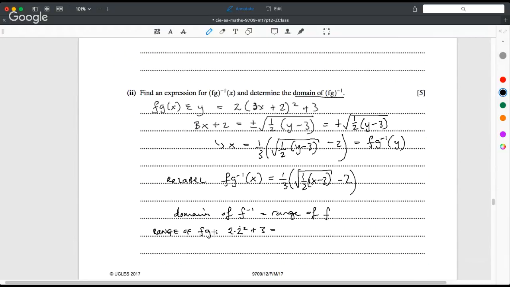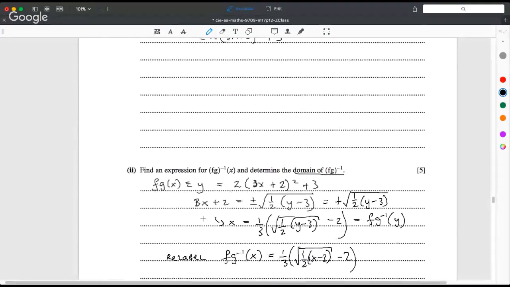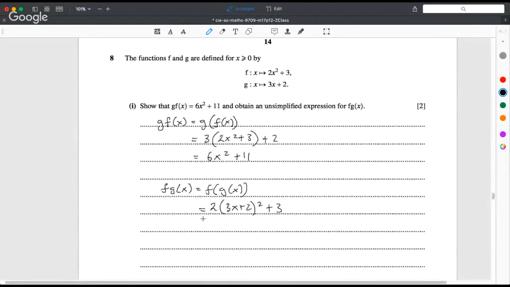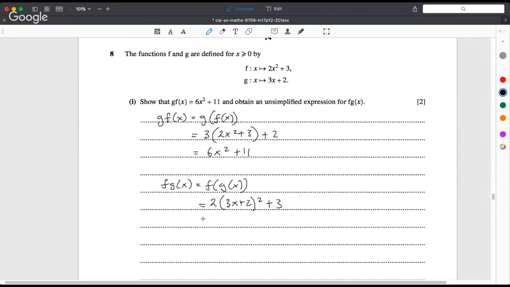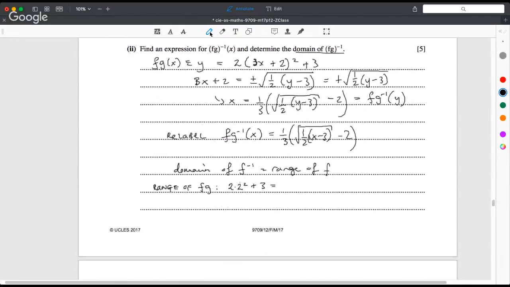Is that correct? Oh, you know what? This is actually a bad way to do it. Sorry, that really is a bad way of thinking about it.